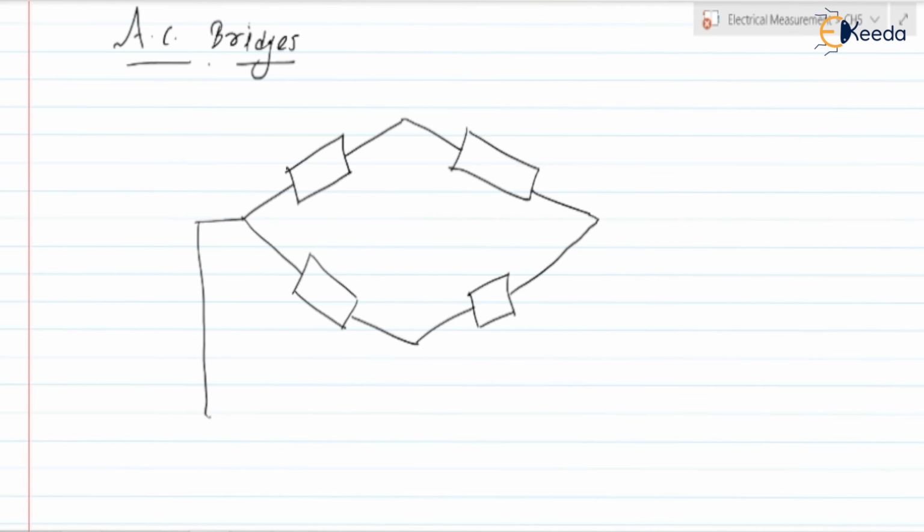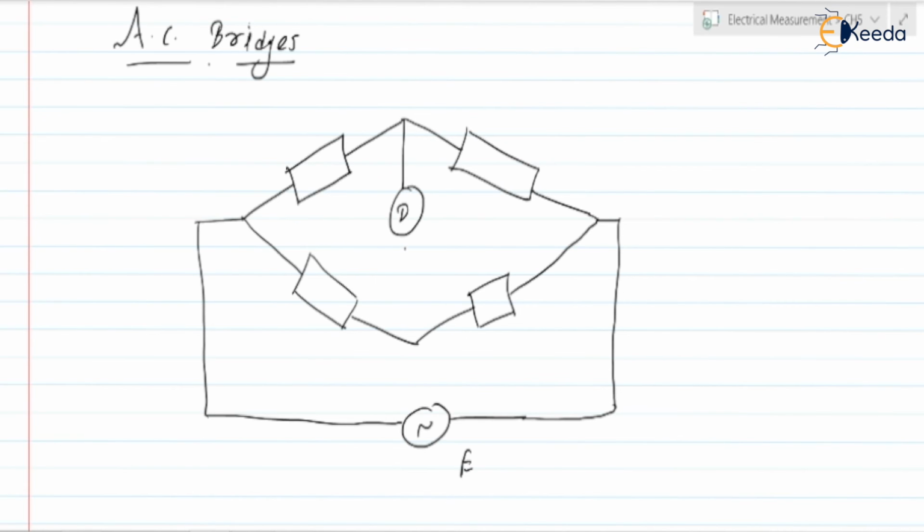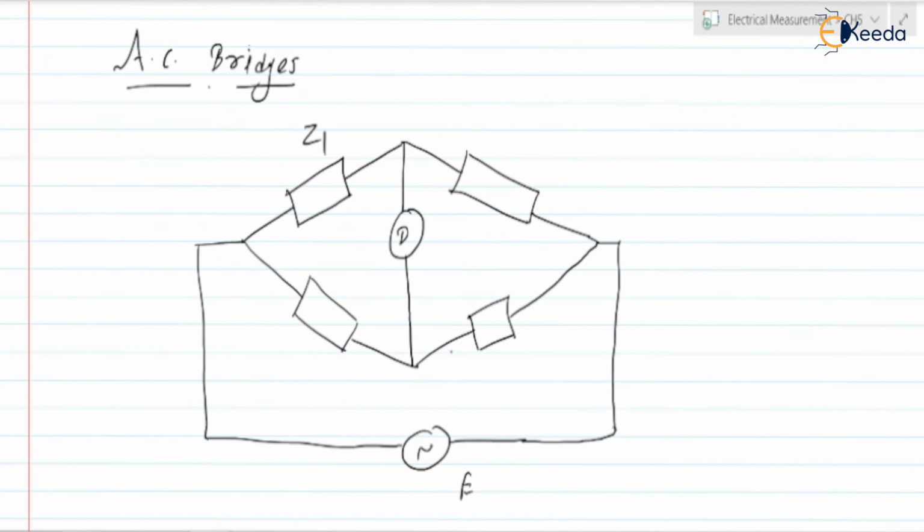Here we will be having the EMF, let us consider it as E, and here we have a detector, or an oscillator. You can say a detector, or you can say a galvanometer, vibration galvanometer, etc. Z1, Z3, and here it is Z2, Z4.